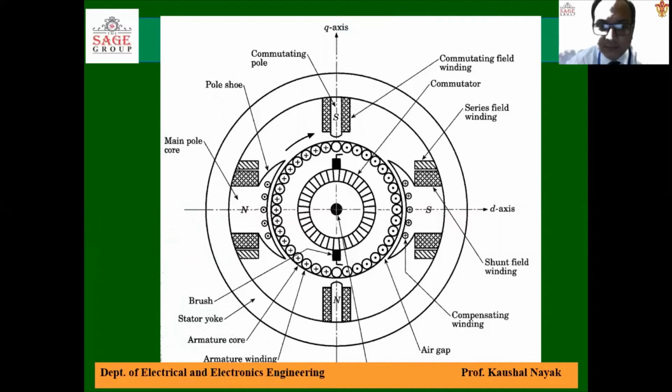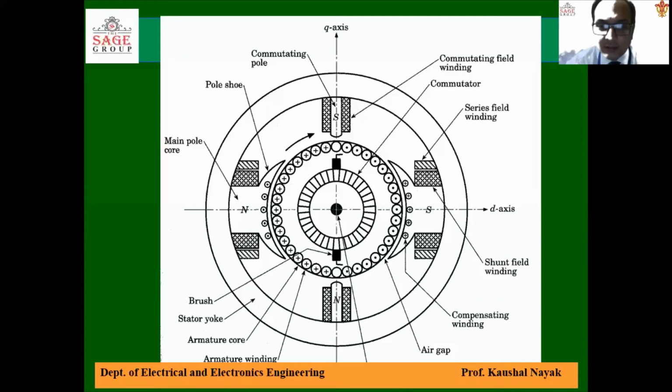Starting from the stator structure, we will find first of all the yoke, then pole core, pole shoes, commutator, commutating winding, and field winding, which consists of the shunt winding and series winding.